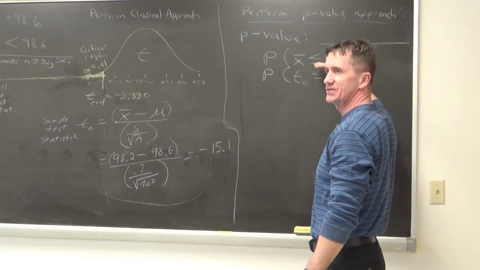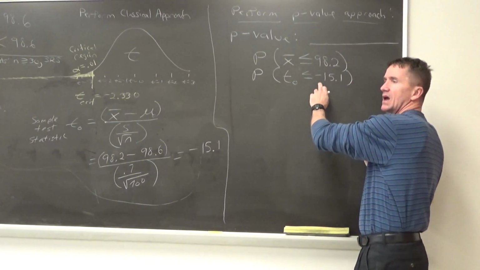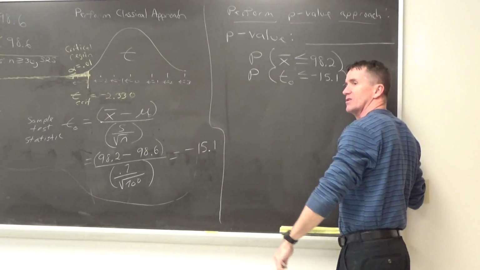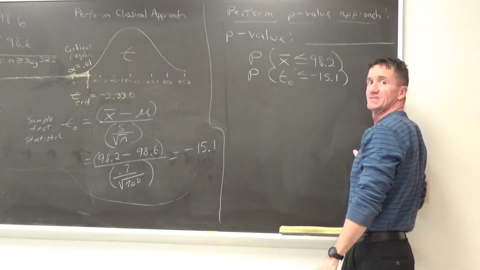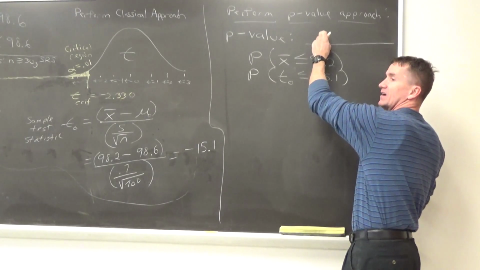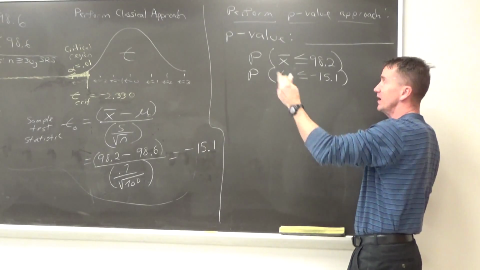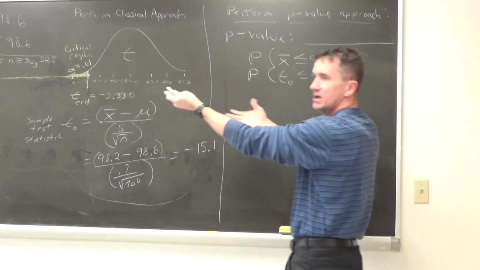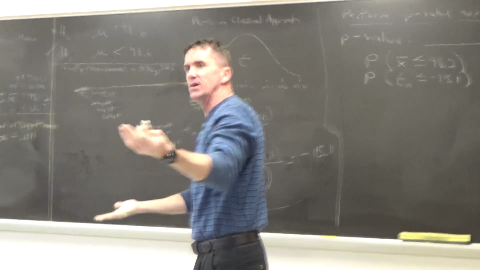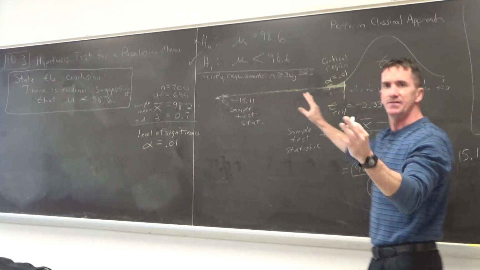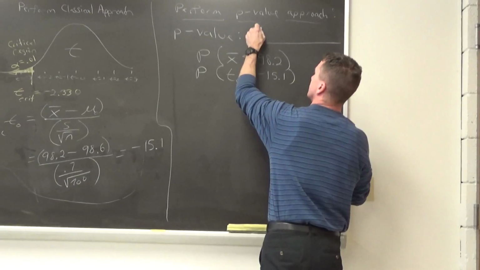As you're thinking about this, how much to the left of negative 15 standard deviations is shaded under that bell curve? It's not much. So I expect a very, very small number. We'll do it on the calculator, but just looking at this bell curve and knowing the empirical rule, this is going to be very, very small. Do you agree?